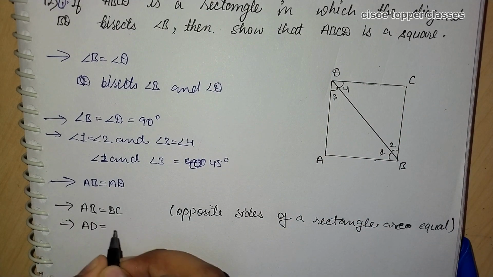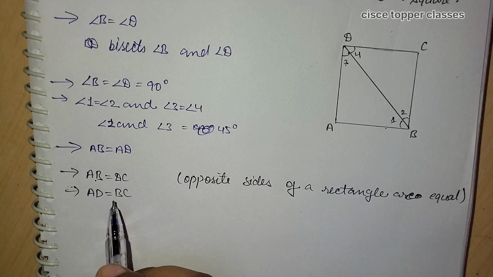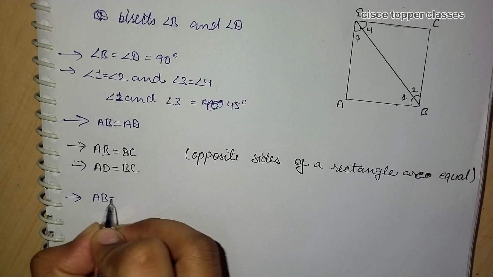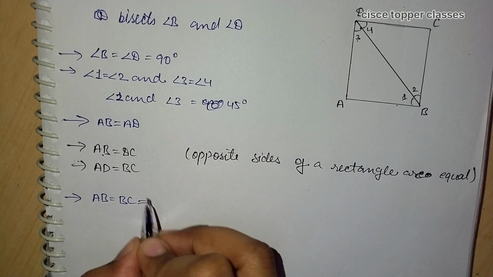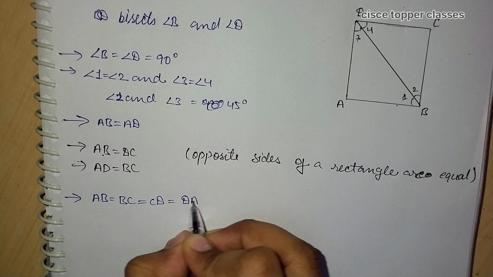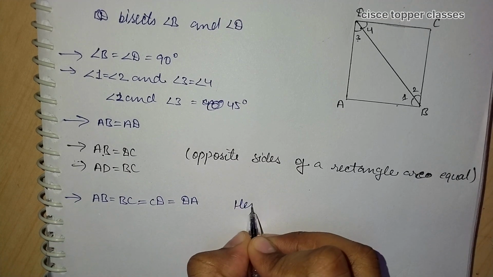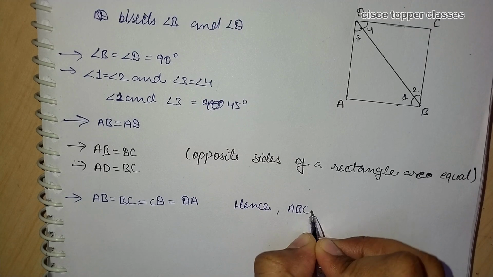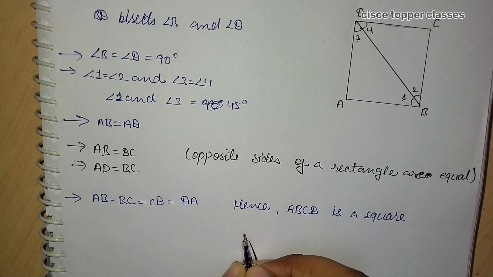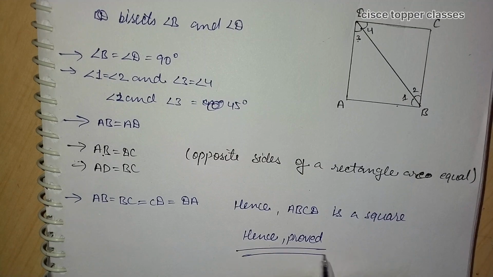So we can write that AB is equal to BC, BC is equal to CD, and CD is equal to DA. If this is proved, we can say that it is a square. Hence ABCD is a square. Hence proved. This is all we have to prove in this question.